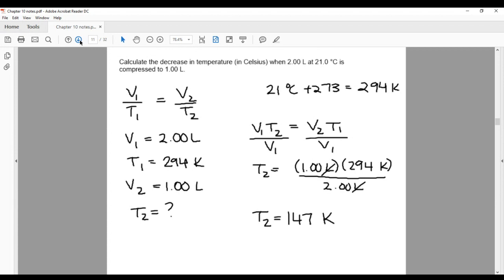So when I solve for T2, I get 147 Kelvin, and I've got to calculate the decrease in temperature in Celsius. So in order to do that, I would subtract 273. I left that part off there. So I would just subtract 273 from my Kelvin value. So Charles's law is going to look at volume and temperature.